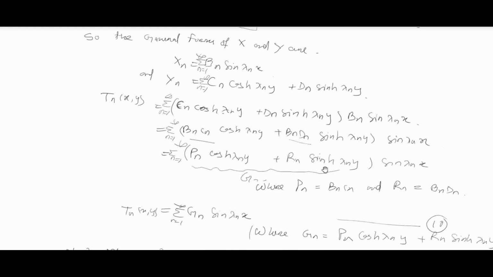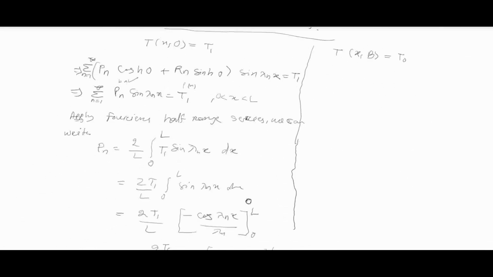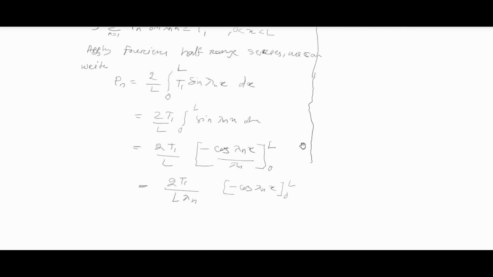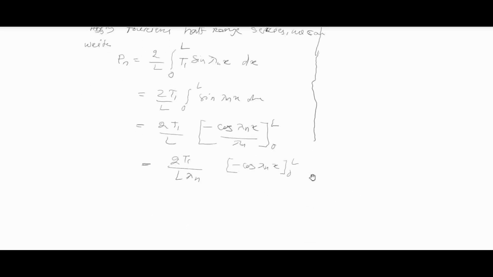So the upper limit will give us 0. Clear? Now if we put 0 here, then minus of minus 1, because cos of 0 is 1. So ultimately we will get 1 for that.